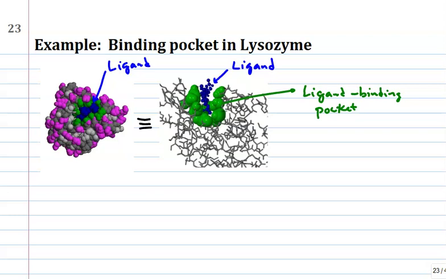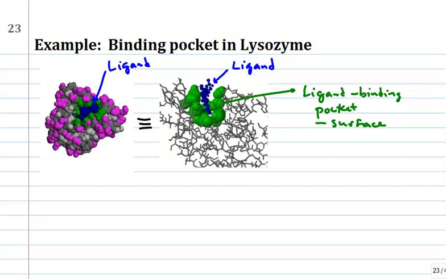So this lysozyme ligand is binding in the ligand binding pocket. It's a very well-defined pocket. And I think this is a surface. We need to know the structure of the ligand. We need to know the amino acid side chains in the ligand binding pocket to really understand what types of interactions are involved.